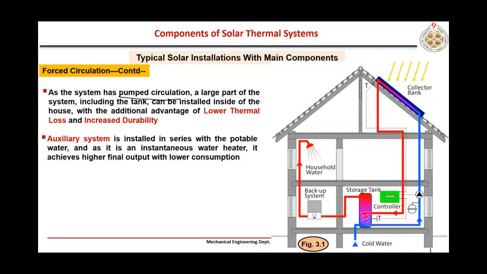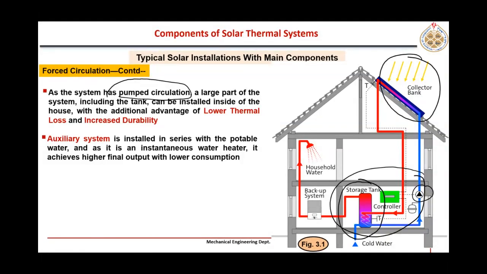So this system is a pumped circulation because there is a pump, right? So we can keep the storage tank inside somewhere in the basement, because with the pump we can make the fluid flow anywhere, right? So that's why the majority of the system components are inside, and outside is just a solar collector, right?